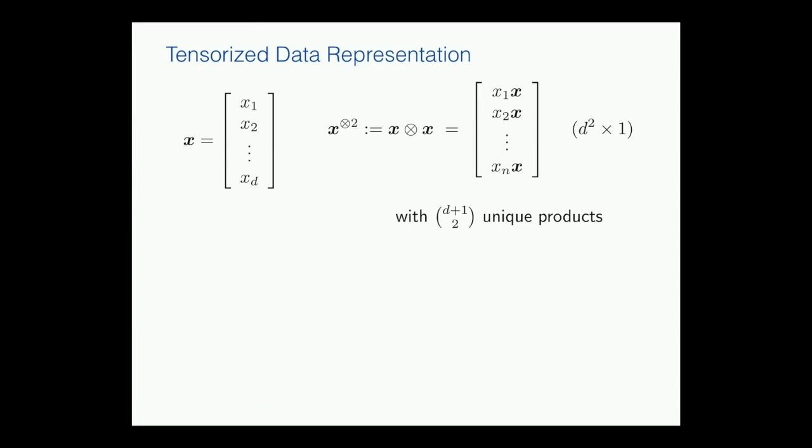Okay, so to take this a little further and formalize it a bit. We have our original data points. I'll let x Kronecker or tensor 2 denote the tensor product of x with itself. That's going to be d squared by 1 if the original vectors are d by 1, but there are just d plus 1 choose 2 unique entries in that matrix because x1 times x2 is the same as x2 times x1. So we'll imagine we just eliminate those repeated terms, and we only have d plus 1 choose 2 unique products in those vectors.